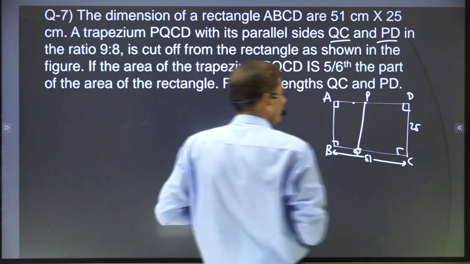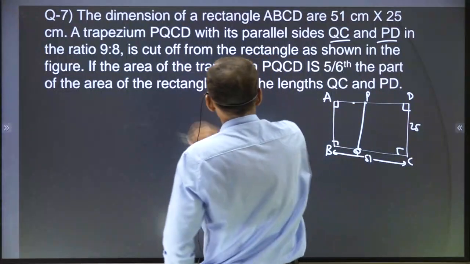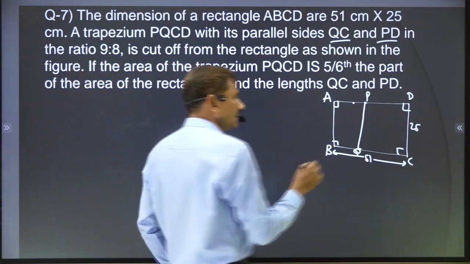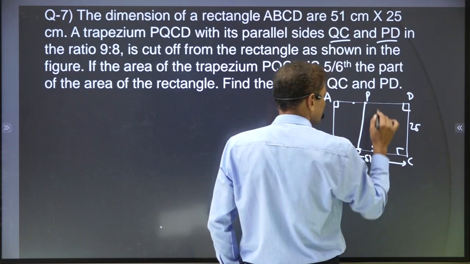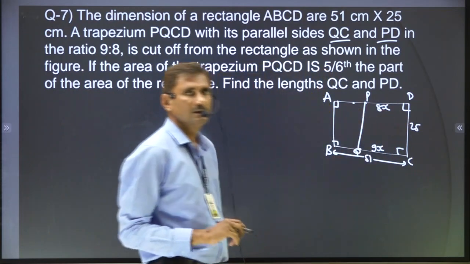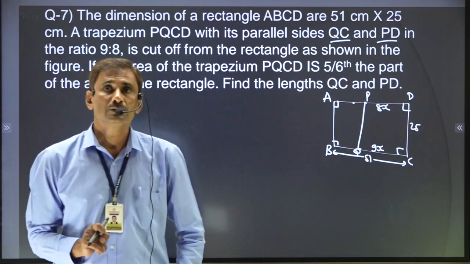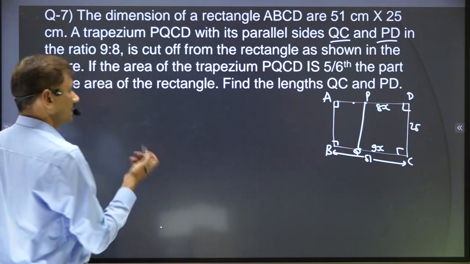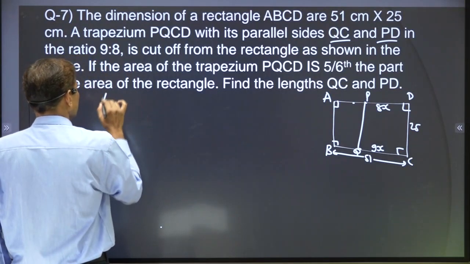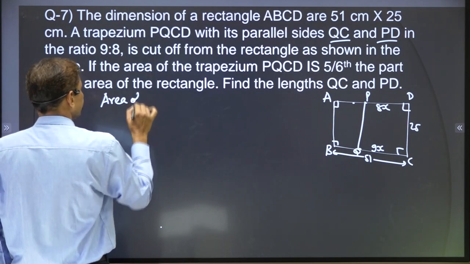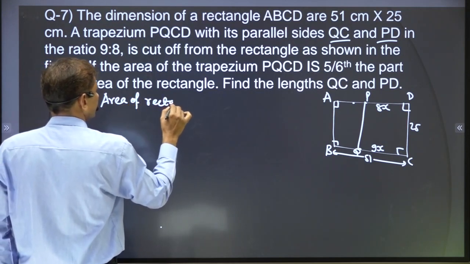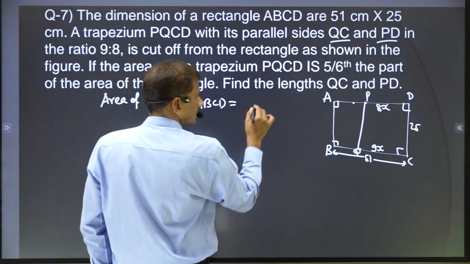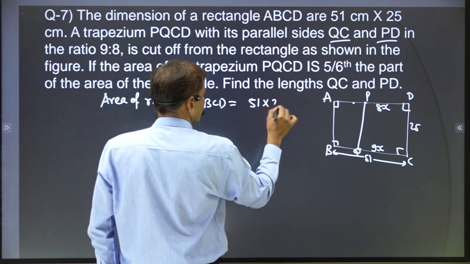Now, they have given that they are in the ratio 9 is to 8. QC is to PD, 9 is to 8. So I can write here 9x and here 8x. Moreover, they have given that PQCD's area is 5/6 part of the whole rectangle. So the rectangle's area we can find very easily. Area of rectangle ABCD equal to 51 into 25.